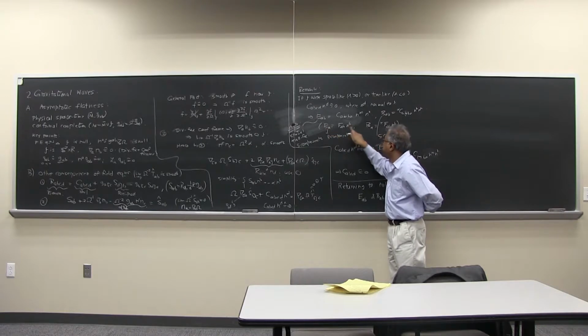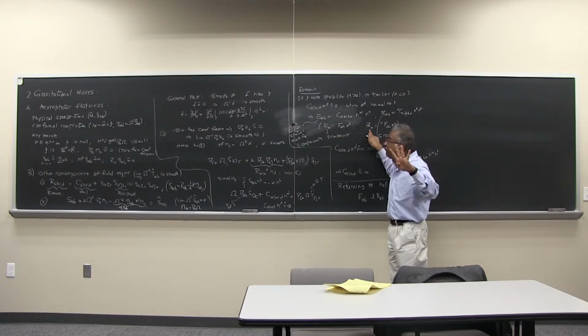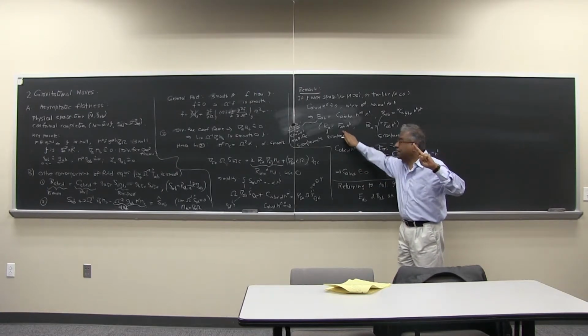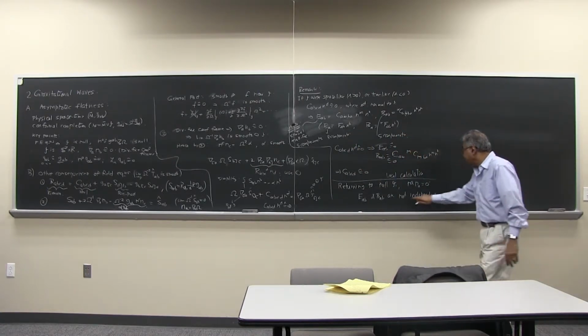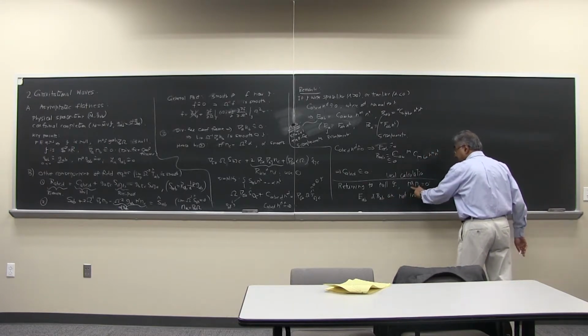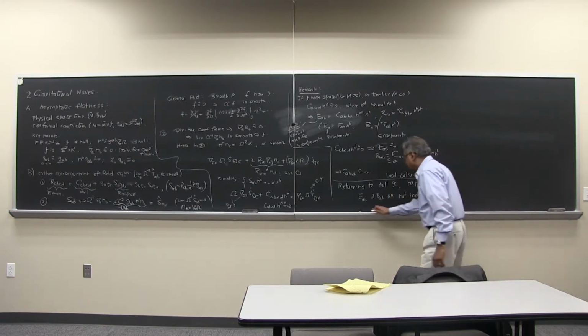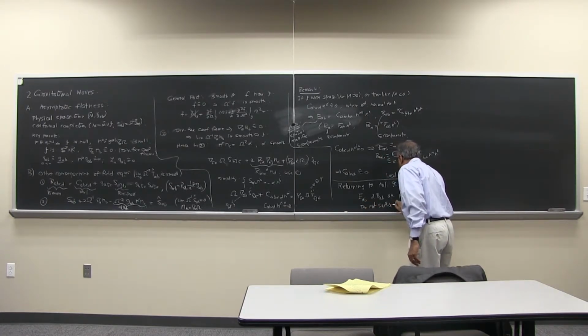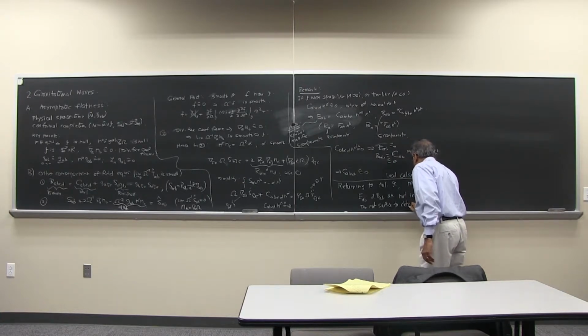Therefore, if you give me E and B, then I only get 4 components of this F_ab, and 2 components in F_ab are not determined. The same thing is true here. Namely, if n is null, then E and B are not independent, and therefore they do not determine the Weyl tensor.